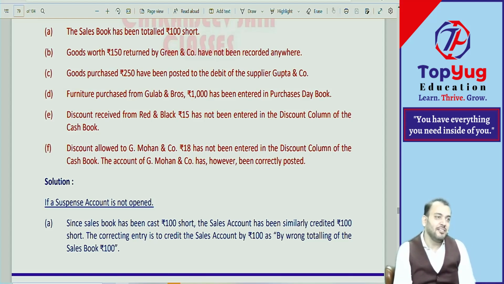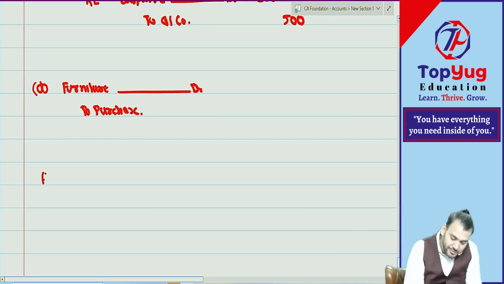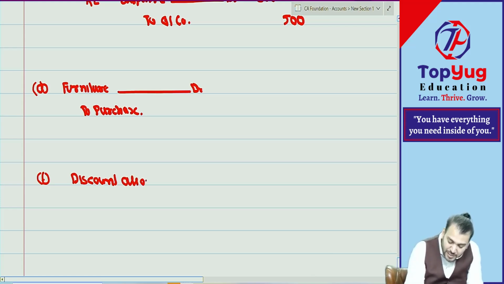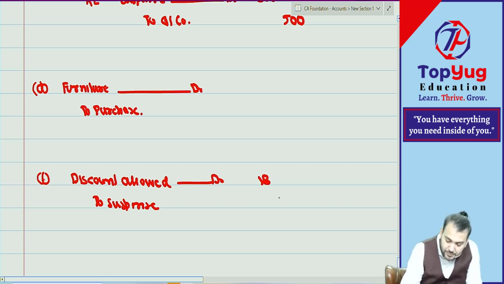The amount is 18, but you wrote 81. Write 18. Point number F: discount allowed, I think no explanation required, to suspense account, 18.